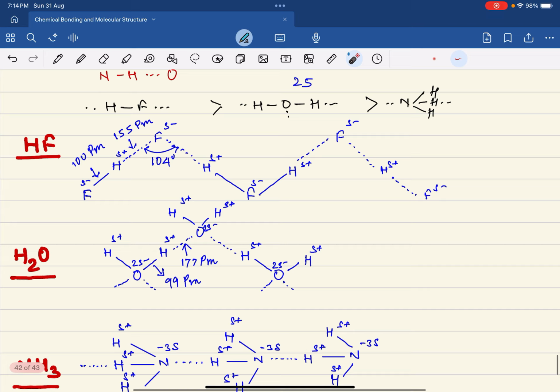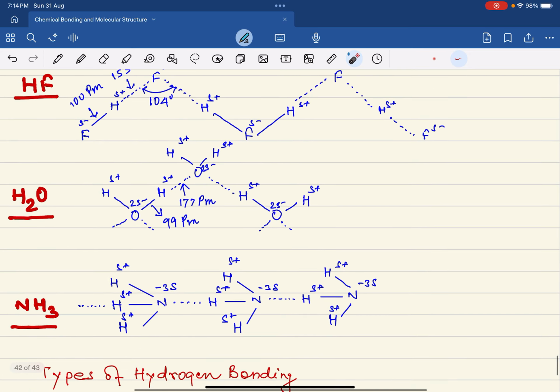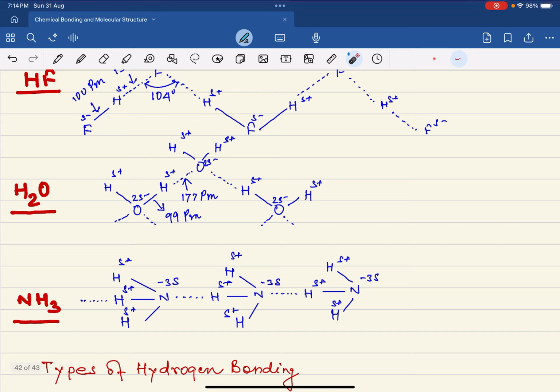In case of water, the molecule is polar, a permanent dipole, because oxygen has a partial negative charge and hydrogen has partial positive. In case of ammonia, nitrogen has a partial negative charge, and hydrogen has partial positive, each hydrogen attached with nitrogen. So this type of bonding is known as intermolecular hydrogen bonding.